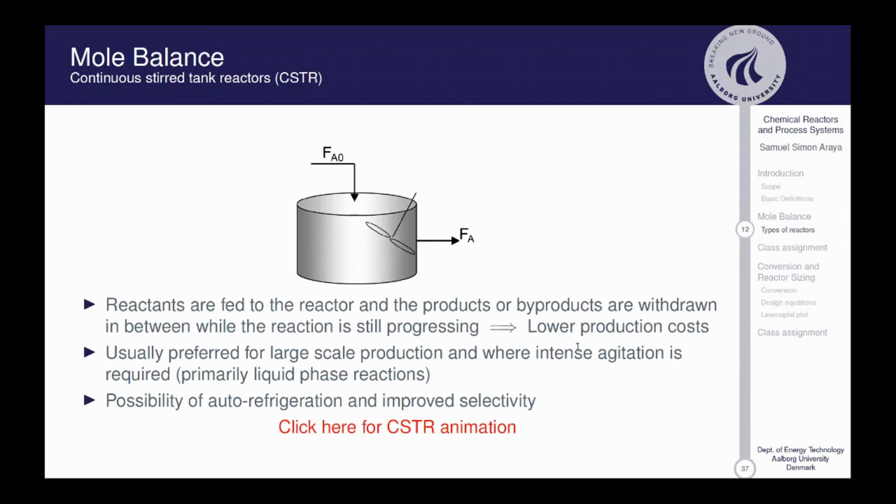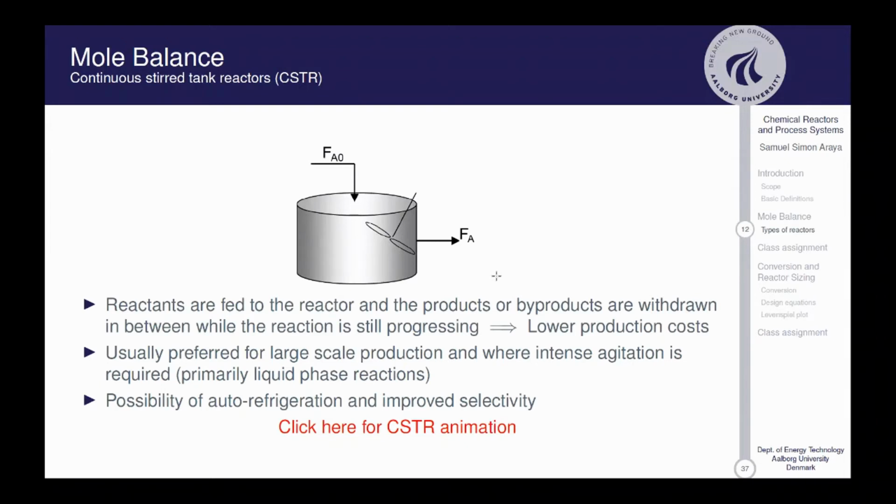Now let's talk about continuously stirred tank reactors. Continuously stirred tank reactors take from both worlds of the batch system and the flow system. It's a vessel that's perfectly mixed, but we can continuously put in reactants and remove products.